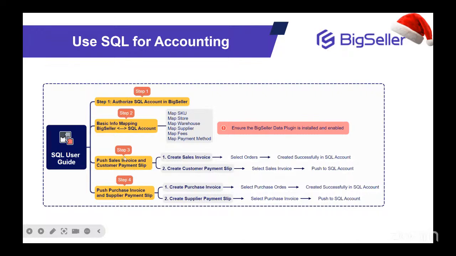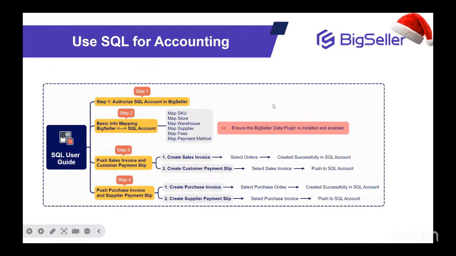The sales invoice here also includes the marketplace invoice, rather than only the manual one. And the next one is you can push the purchase invoice for the purchase orders and the supplier payment slip, so as to make your accounting more convenient.